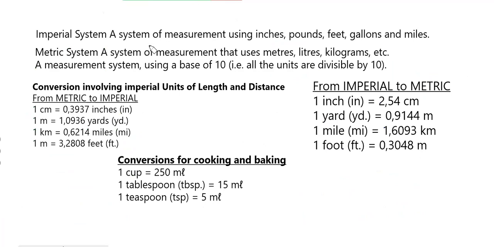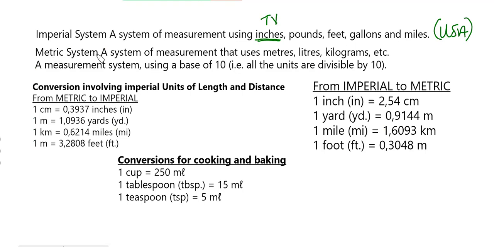Now, let's look at the imperial system. This is a system of measurement using inches, pounds, feet, gallons, and miles. This is used in the USA, not in Africa. But we know that if you check the measurements of televisions, they are measured in inches, but the rest are not commonly used.